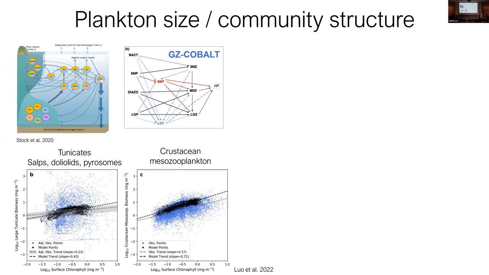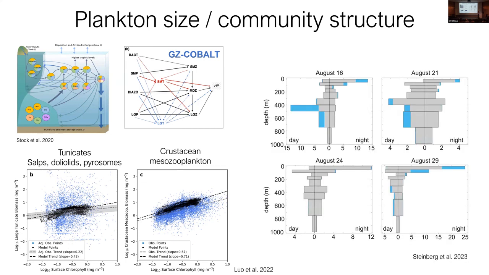And one of the things that we found is that there was a relationship between the large tunicates that was different from the crustacean mesozooplankton, such that at lower chlorophyll levels, their biomass did not decline as much as the crustacean mesozooplankton. So the implication for this is that under climate change, as chlorophyll decreases, the relative contribution of these large tunicates may increase.